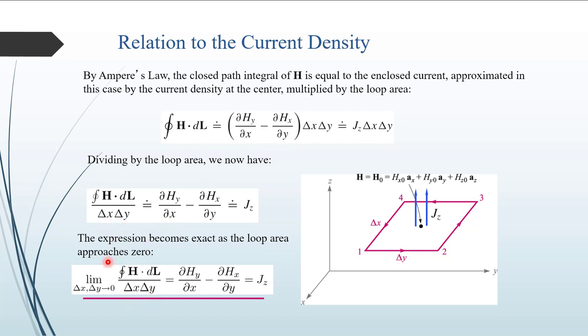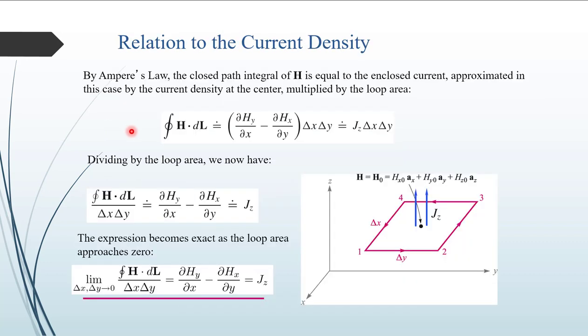If we take the limits, as delta x and delta y both tend to 0, meaning if this current loop is shrunk to this point, then it will become the limit as delta x delta y tends to 0 of the closed integration of H dot dl divided by delta x delta y, is equal to dou hy by dou x minus dou hx by dou y, is equal to Jz.